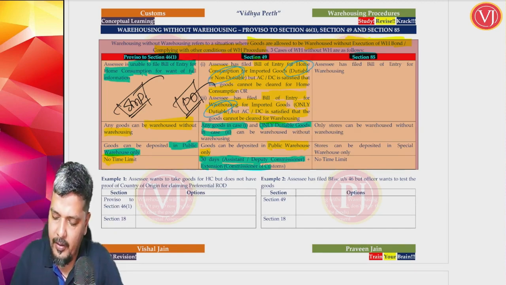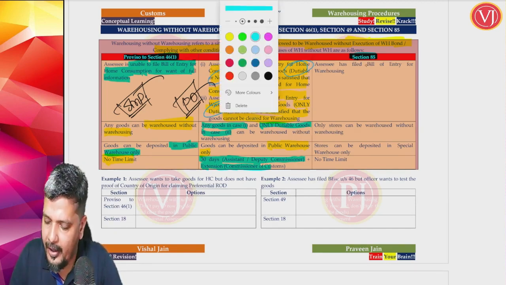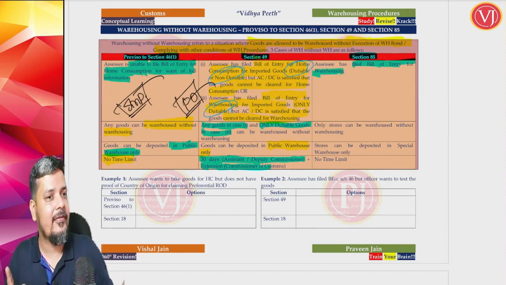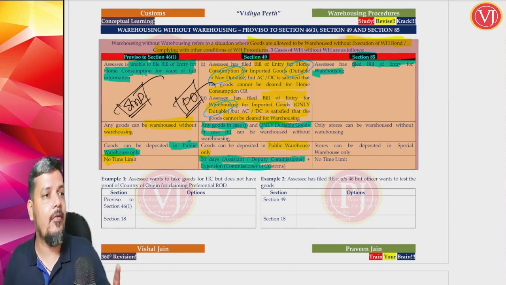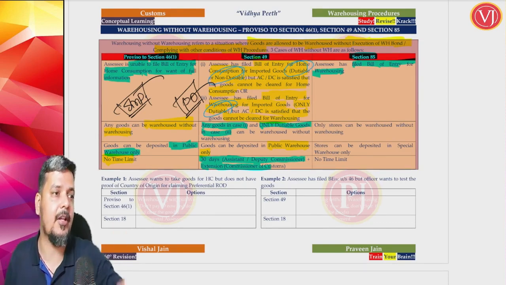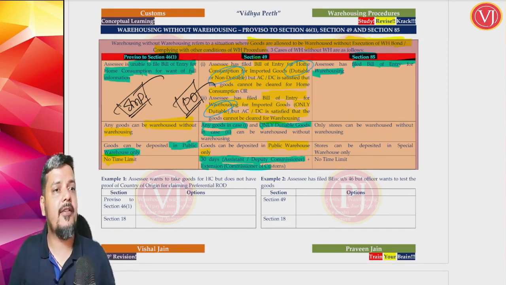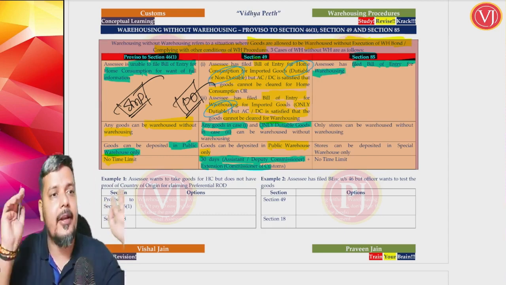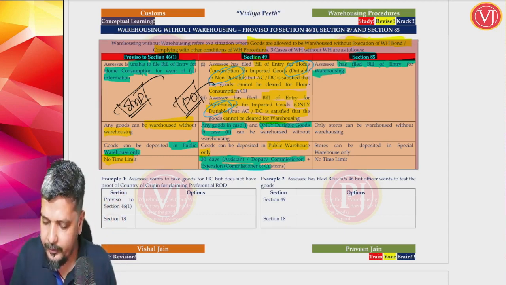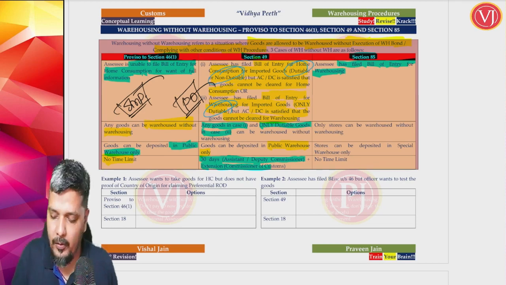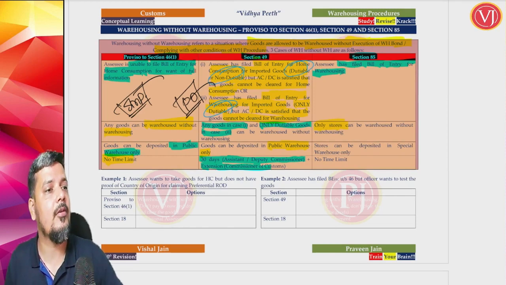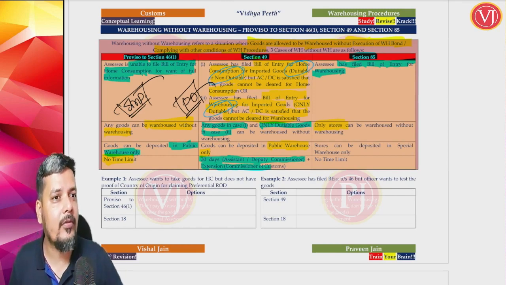Third case, the assessee has already filed bill of entry for warehousing. Look at the language. In the first case, the assessee wants to file bill of entry for home consumption, but he is not able to do it. In the third case, the assessee wants to file bill of entry for warehousing and he has already filed it. For what type of goods? Not for any goods. We are only talking about stores, because stores can be taken to which warehouse?